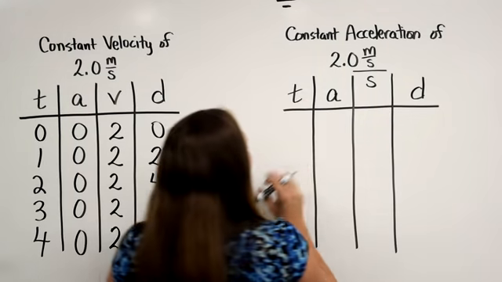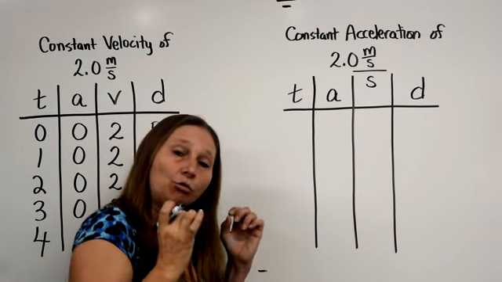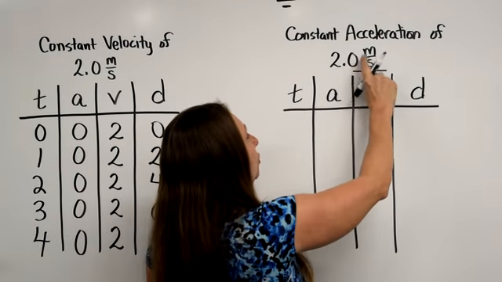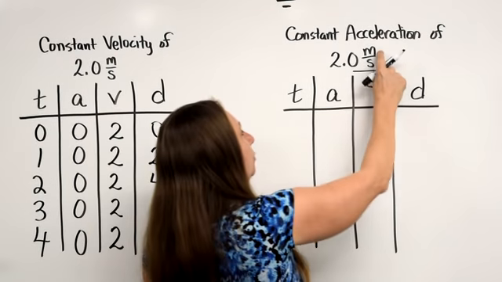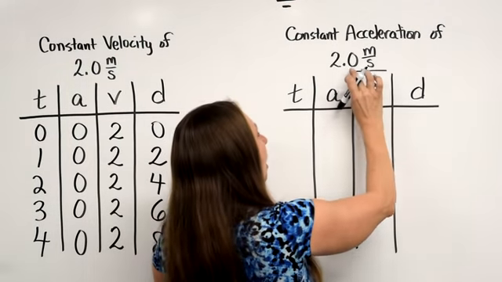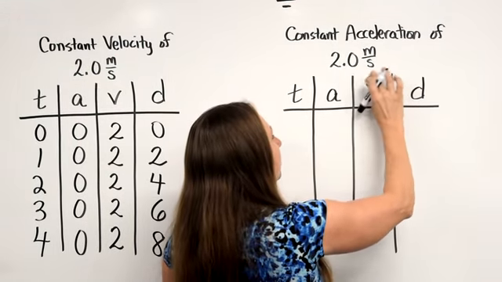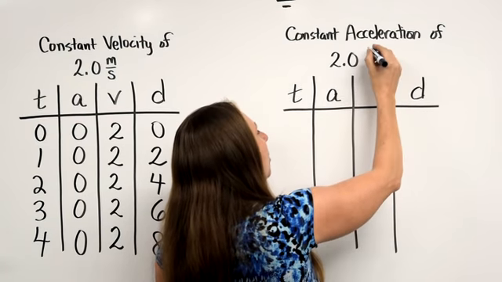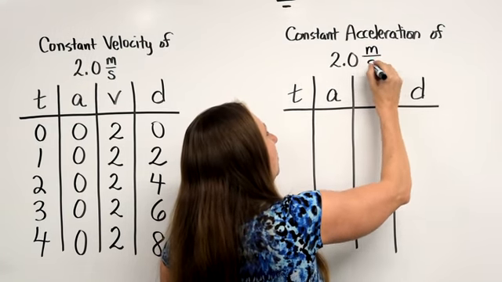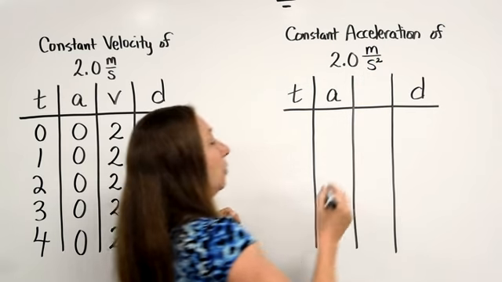Now, look at a constant acceleration of 2 meters per second per second. That's why the unit for acceleration is 2 meters per second squared.